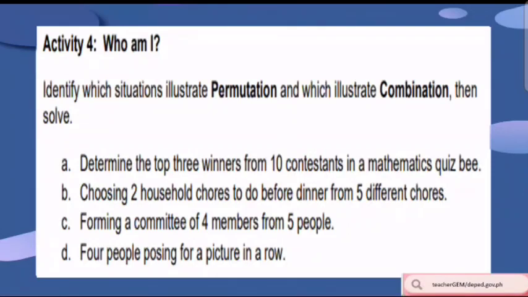Letter A: determine the top 3 winners from 10 contestants in a mathematics quiz. Is it permutation or combination? If you look here, there are top 3 winners, meaning we have first, second, and third place, so there is an order. It illustrates permutation. Here we can solve it right away using our calculator.